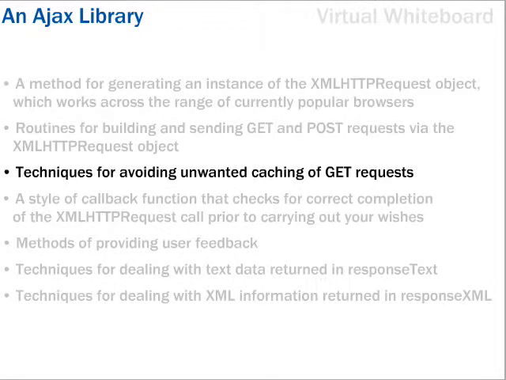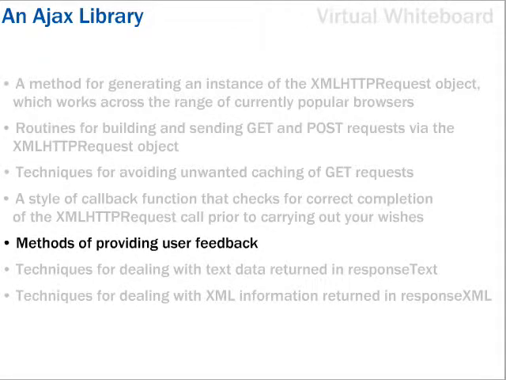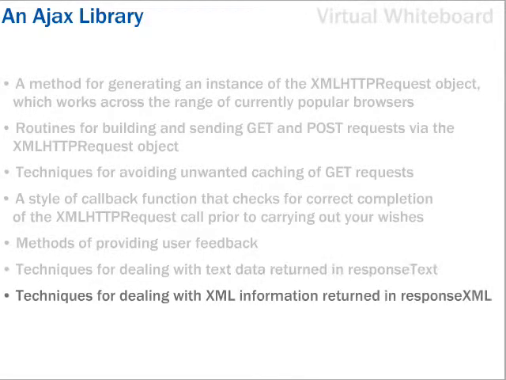Techniques for avoiding unwanted caching of GET requests. A style of callback function that checks for correct completion of the XML HTTP request call prior to carrying out your wishes. Methods of providing user feedback. Techniques for dealing with text data returned in response text. Techniques for dealing with XML information returned in response XML.